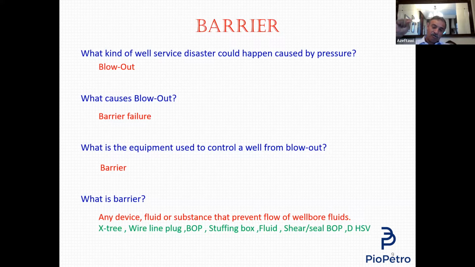DHSV, which is the downhole safety valve. It's a valve we put downhole near the surface, around maybe 200 or 300 feet below the surface. We put it in a landing nipple as well. When it is closed, it prevents the flow of hydrocarbons.